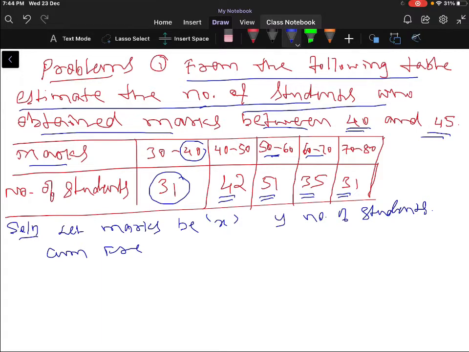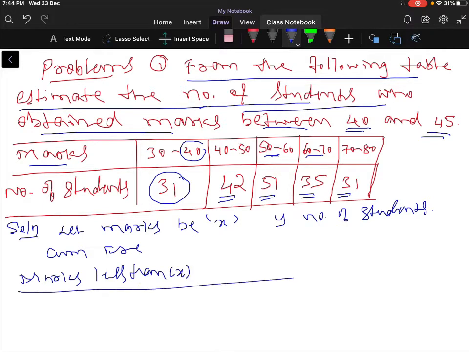So let us have another table with marks less than, that is, x, and on the second row the number of students, that is y.